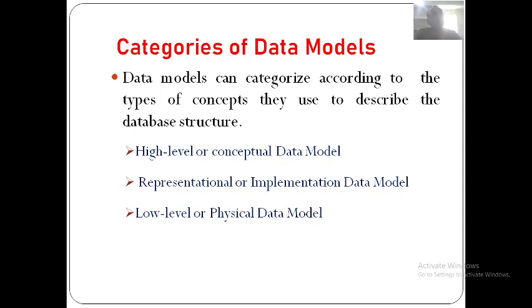Now we need to find the attributes for each of them. What are the attributes of student? What are the attributes of employee? What are the attributes of branches? On these things we're going to deal. We need to identify which constraints are to be applied on these attributes. All these things are done at the level of high level or conceptual data models.